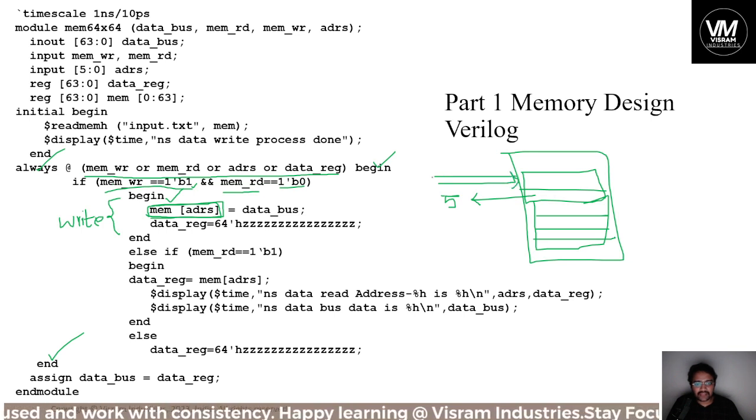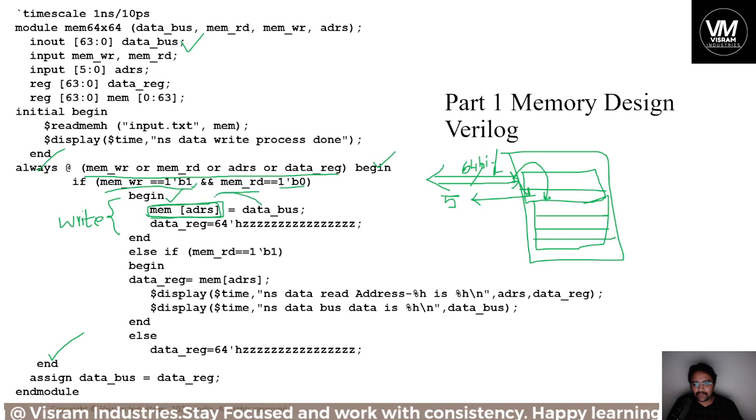Data bus is inout. In that data bus, whatever data comes, like in a 64-bit data bus, that will go to this address location. How is it going? By this command, by this statement. And data register is equal to open.